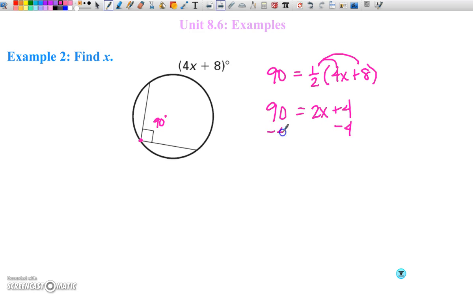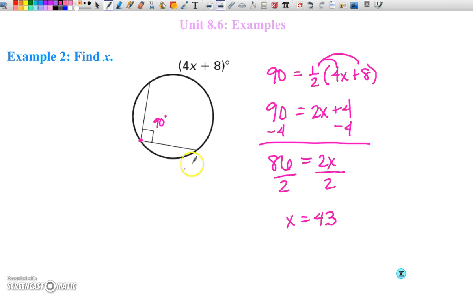Subtract 4 from both sides to get 86 equals 2x, and divide by 2. x is 43. A second route: since you know this is 90, that automatically makes this arc from here all the way around to here 180 degrees. So you could also set 4x plus 8 equal to 180 and solve that way to get the same answer.